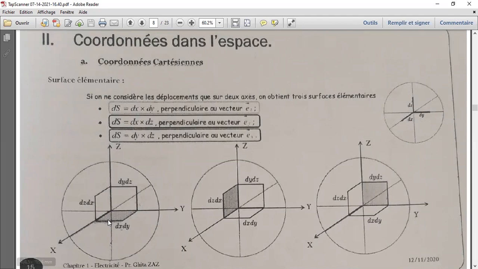What do I mean? For a surface, mostly you do length times breadth. Then to calculate volume, it is length times breadth times what? Times height. That's the calculation of the volume.